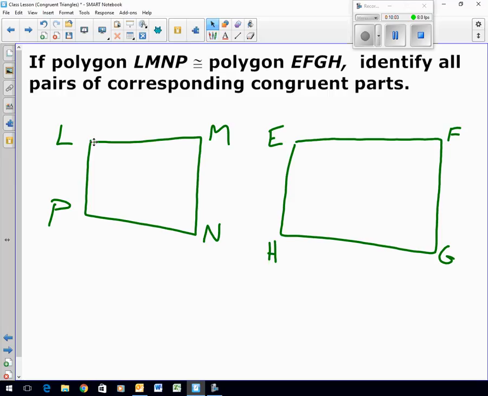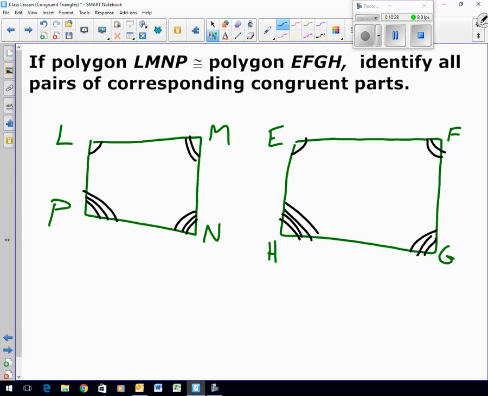Now I can visualize the corresponding points, okay? Tyler, what is angle L going to be congruent to over here? E. M and, see it? N and what? Good. And what about H? Good deal. All right, y'all see that one?